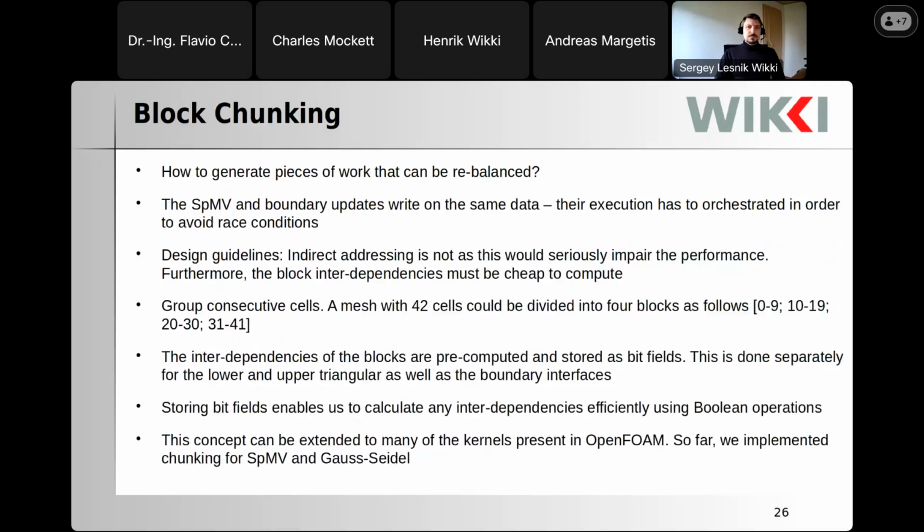Okay, so one of the questions that arise now is how do you get some parallelism into OpenFOAM, which isn't there. Every MPI rank runs in a serial manner, and even if I wanted to split the work, I need to parallelize it in some way.